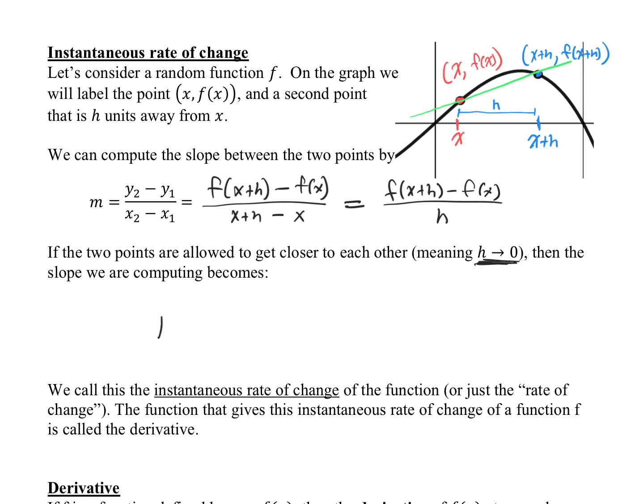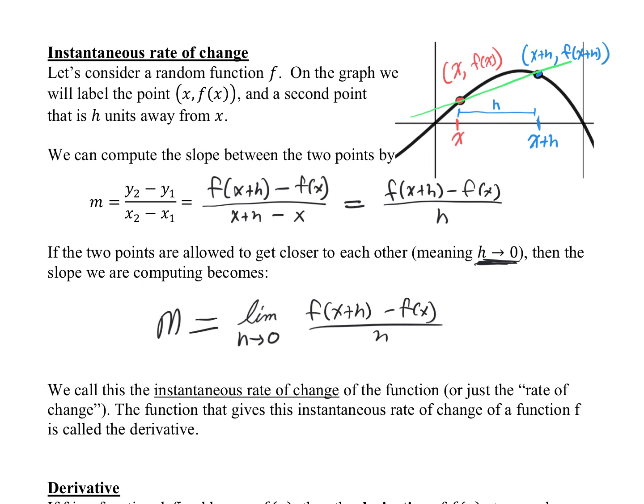All right, well, what would happen then is m would be equal to the limit of this expression we just developed, and it's the limit of that as h approaches 0.